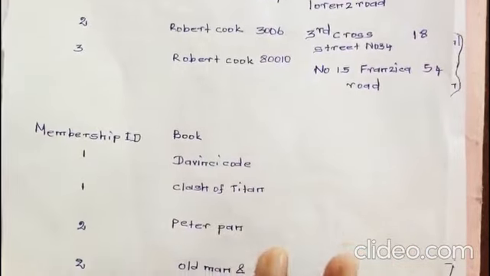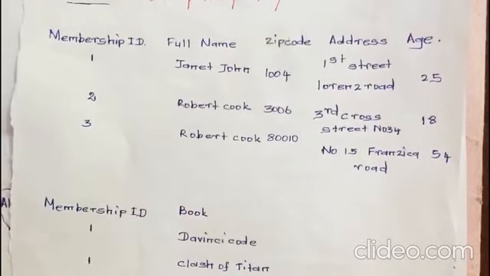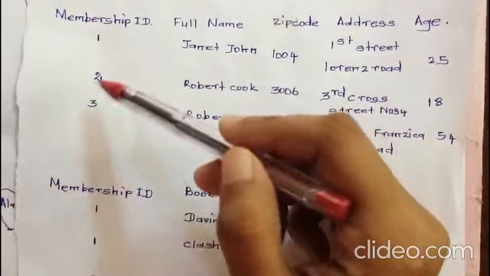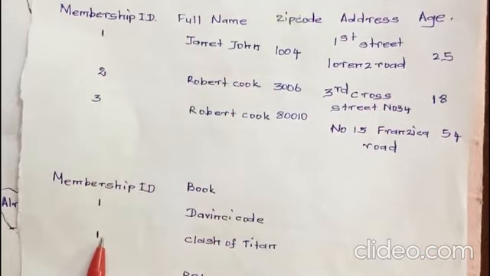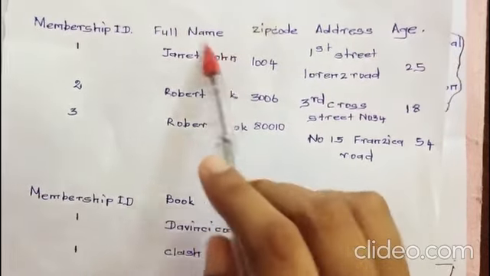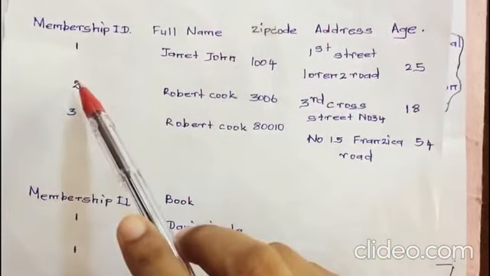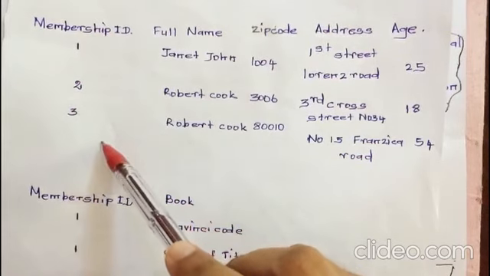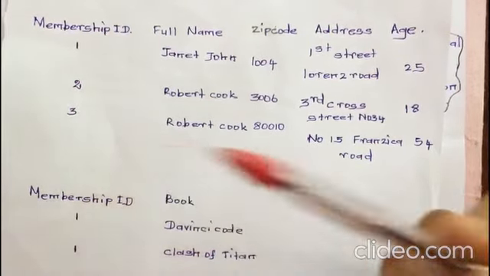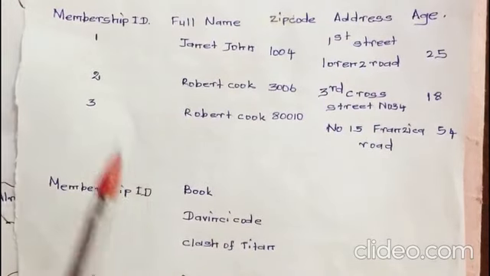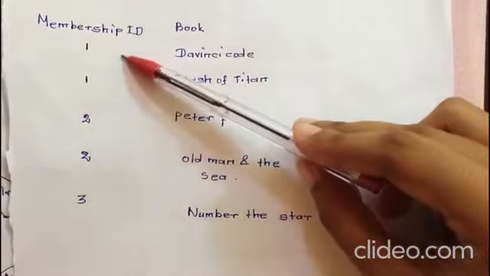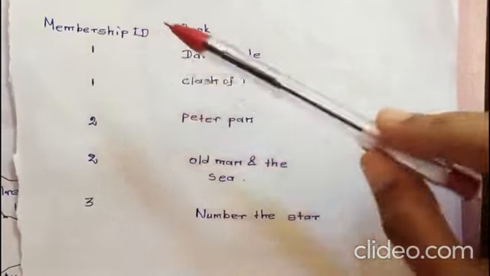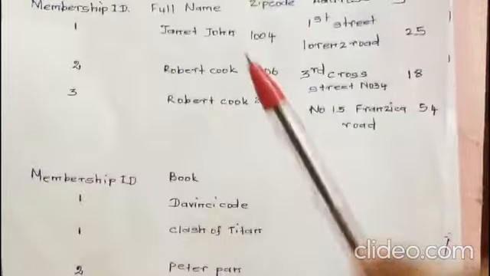So here I rearranged the table by inserting a new column called member ID. After inserting this member ID, you can see other attributes can be identified uniquely through this membership ID. Like here, each of these rows is unique. And for the book, I created a membership ID to join this table with this table.